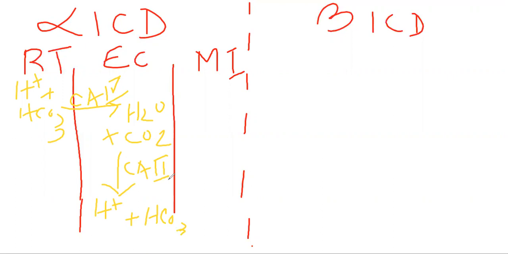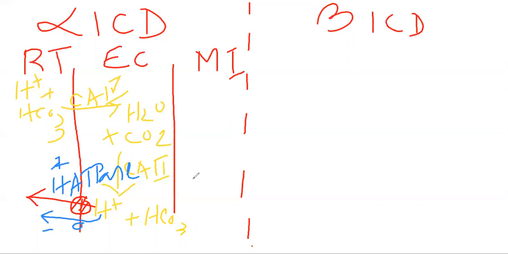Now this hydrogen ion will be secreted here, and it will be secreted by two ways. One, by a single primary active transport mechanism. The pump is known as hydrogen ion ATPase, or hydrogen ion can be secreted by the action of the potassium hydrogen ion exchanger.